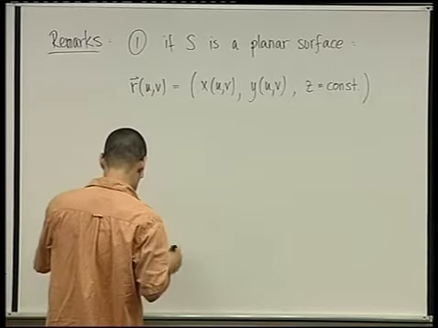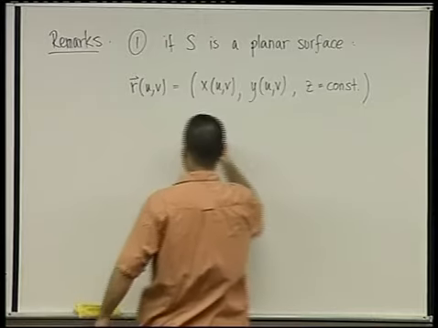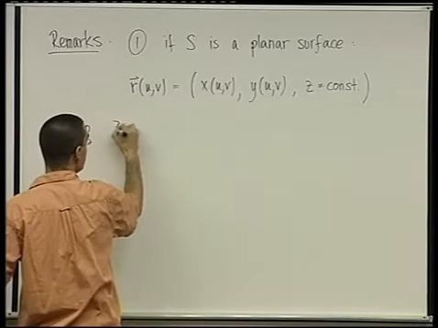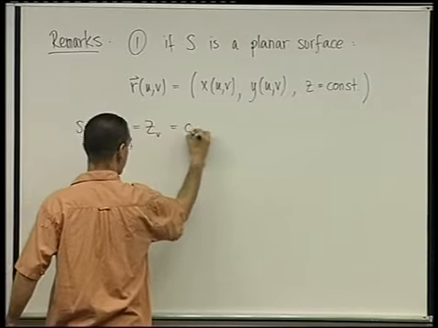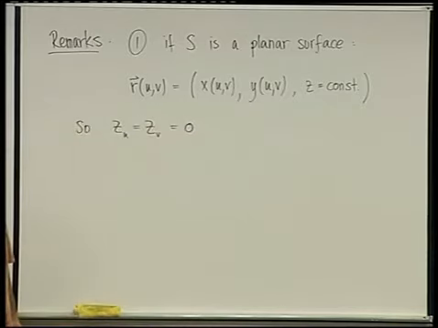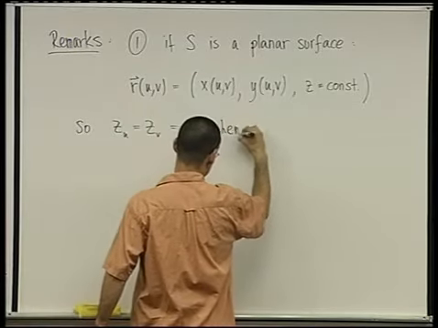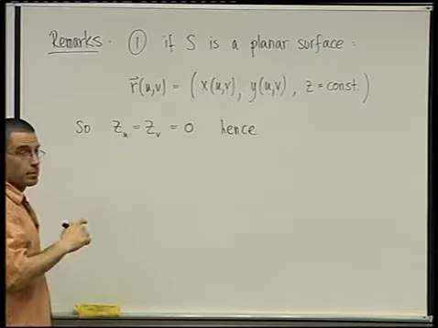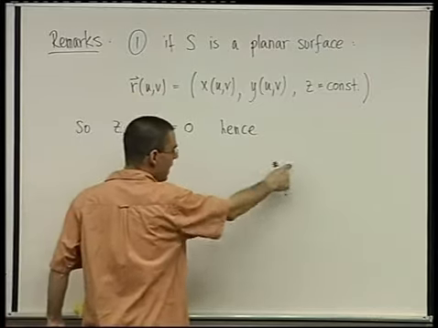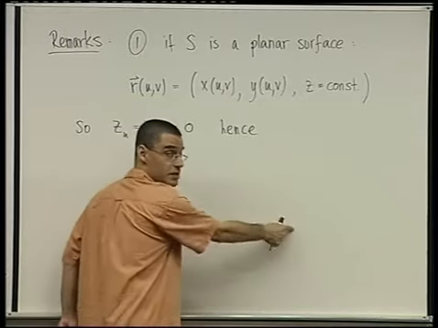So obviously for this we get Z sub U, as well as Z sub V, are both 0, right? Because Z is some constant. And therefore, what do we get when we calculate the normal? Remember, the normal had those components i, j, k, and then xu, yu, zu, xv, yv, zv, right?